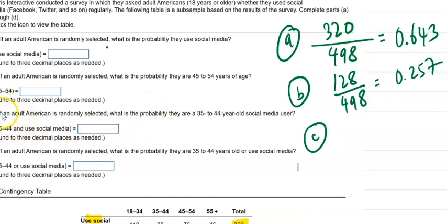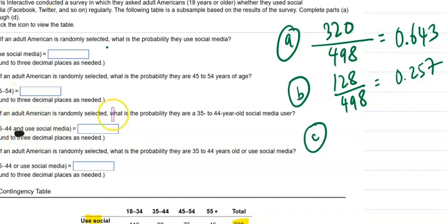For C, you do something similar. For C, we're looking for: if an adult American is randomly selected, what's the probability they are a 35 to 44 year old social media user? That means you have to find how many people are 35 to 44 years old and also use social media. Remember that it's the "and" here. So how many people use social media and are also in that age group?